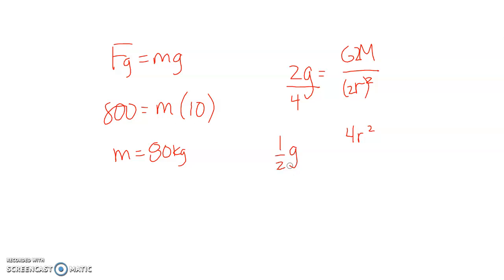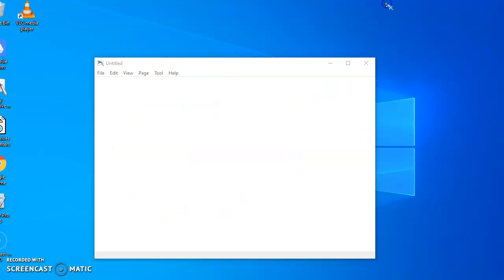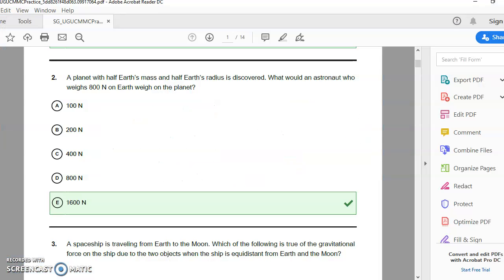The force of gravity is going to be the mass, 80, times 1/2 of g, which is 10. So 50 times 80 is 1600. Does that make sense? 50 times 80? Let me pull up my calculator. 50 times 80 is 4,000.